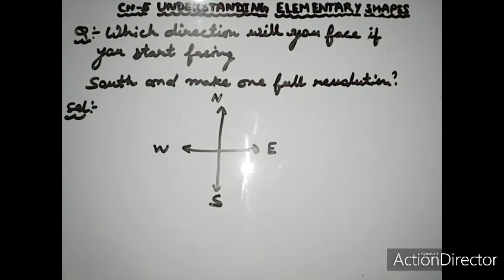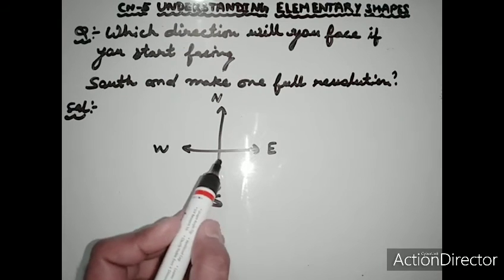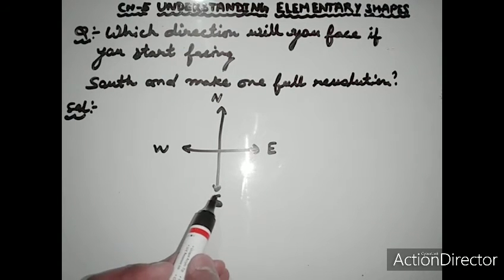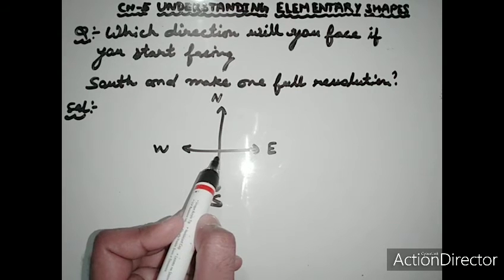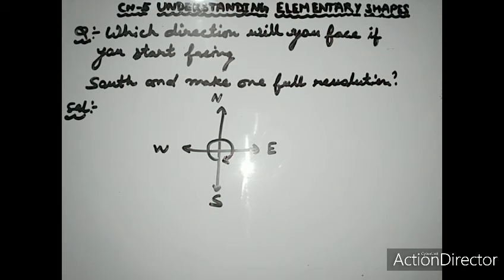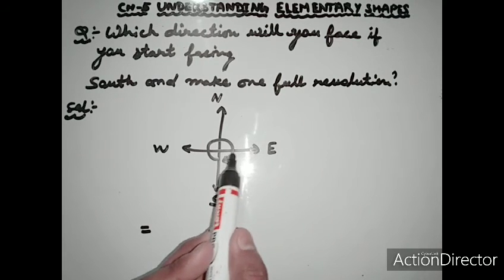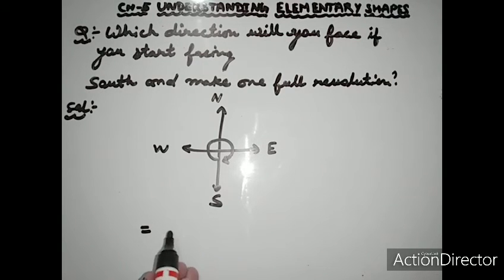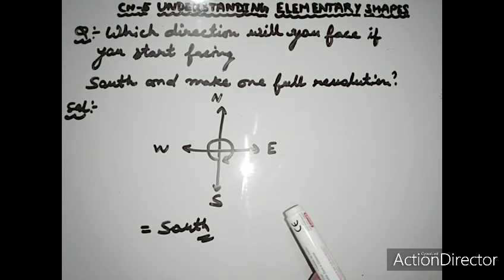So the face of the person is the south side, right? And it's the initial position of the person. So when it moves from this point to again this point, full revolution means 360 degrees, right? So when it moves from south through 360 degrees, it reaches this position again and the face of the person is south side. So this direction chart helps us to find the exact direction of a person.